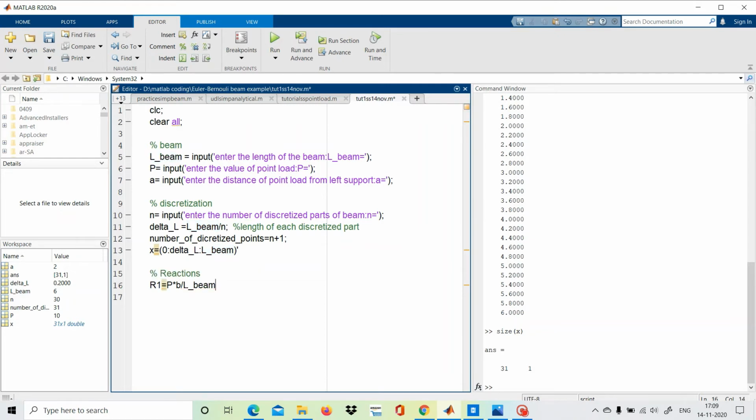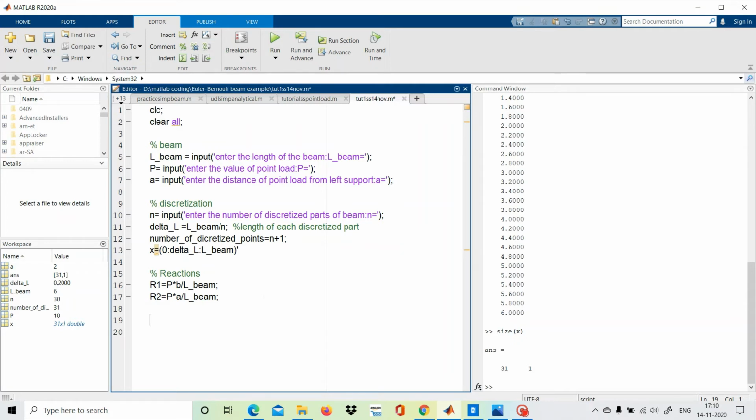So it was R1. Then, R2, reaction 2, was P multiplied by a divided by the length of the beam. So Pb by L and Pa by L. We get R1 and R2 there. So we have already fed the data for the reactions.